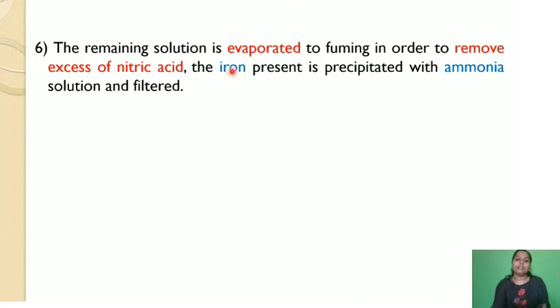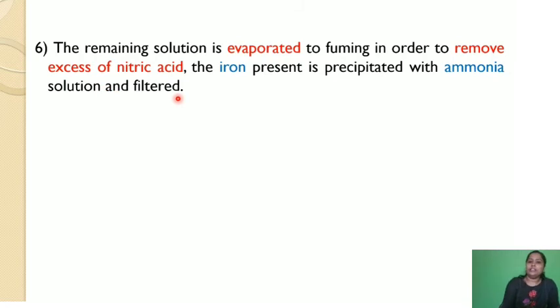Then the impurity iron present in the Monel metal is precipitated with ammonia solution and filtered.